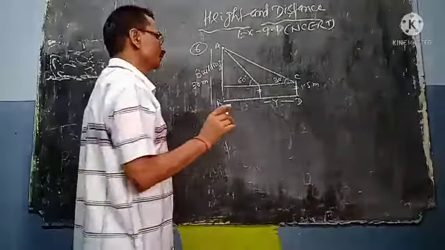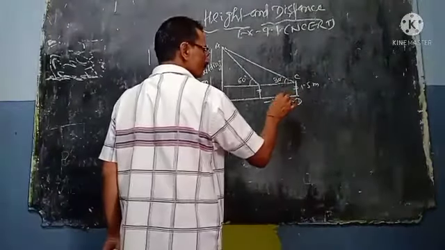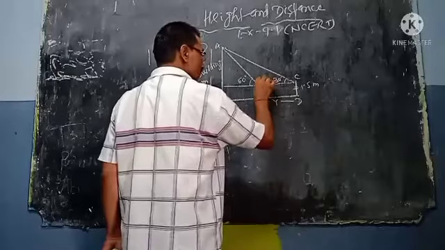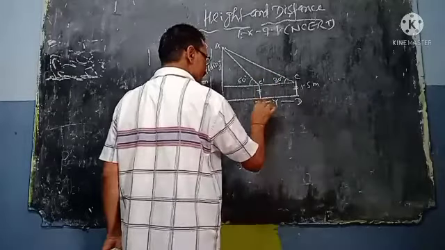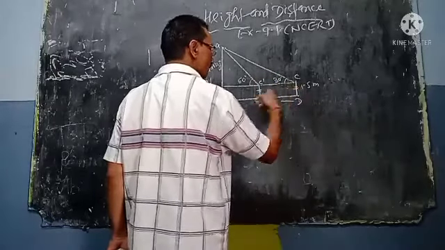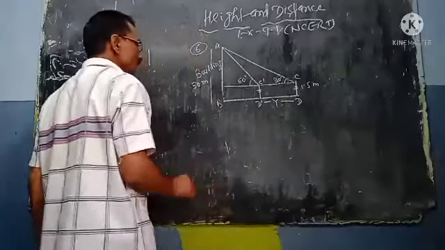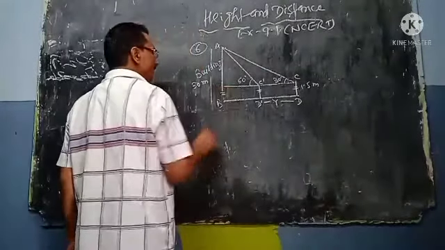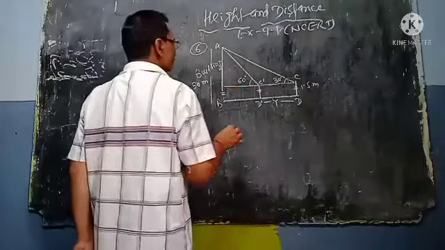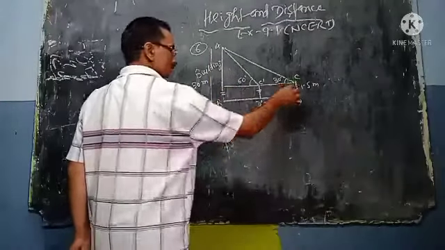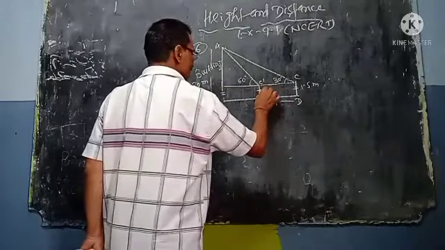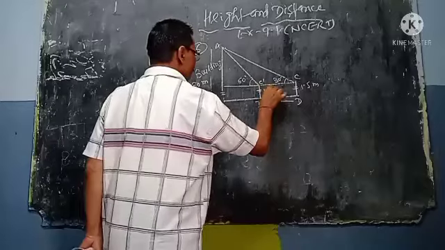So CD is the height of the boy, and this is also part of, suppose, C' and D', because this is also the height of the same boy, this part will also be the same. Then what will be the height of this part? This is 1.5, I mean this part will be 1.5 also.